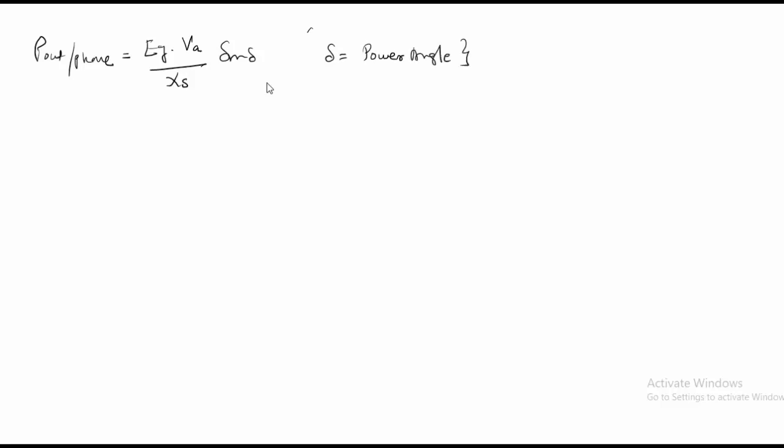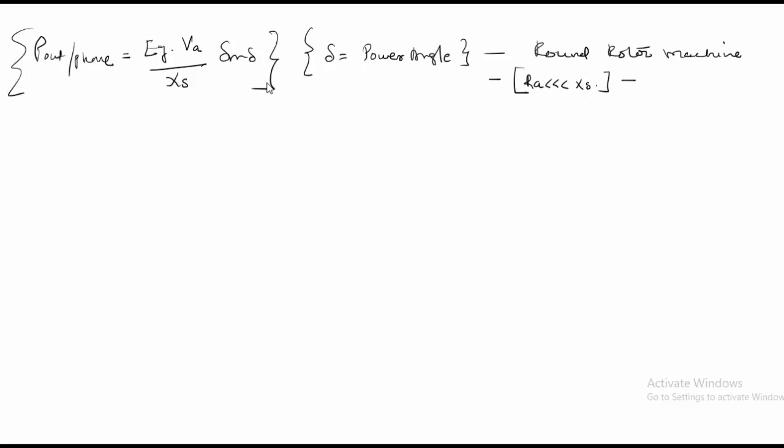This was the case for a round rotor machine when my Ra was less than Xs. This was a specific case for a round rotor machine, and we found out the power angle curve based on this.